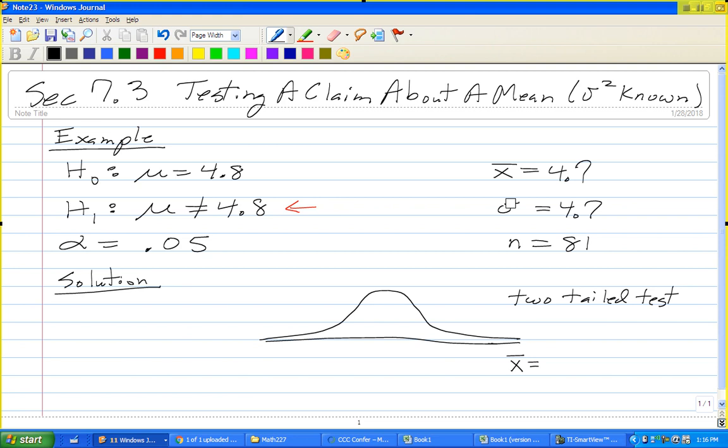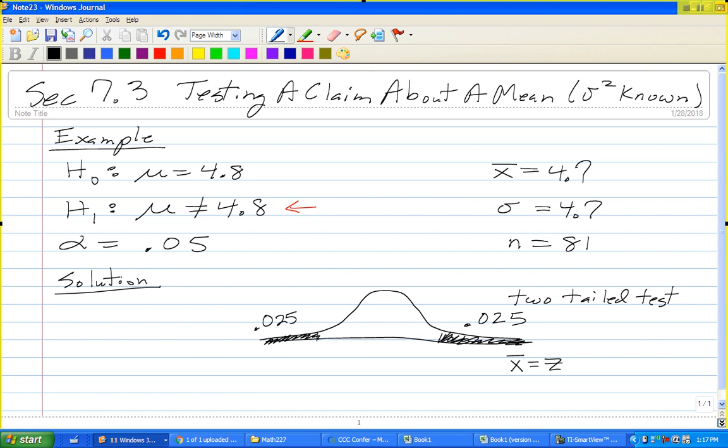Since I know the population variance, then this will be a Z, a normal distribution. And so this will be Z. It's two-tailed, so I want this area here, these two tails. It's going to be symmetric. Each of these will have half the area. So this area here would be 0.025. This area on this side would be 0.025.